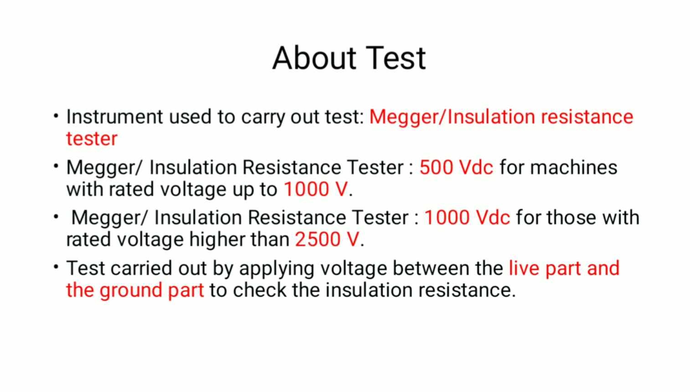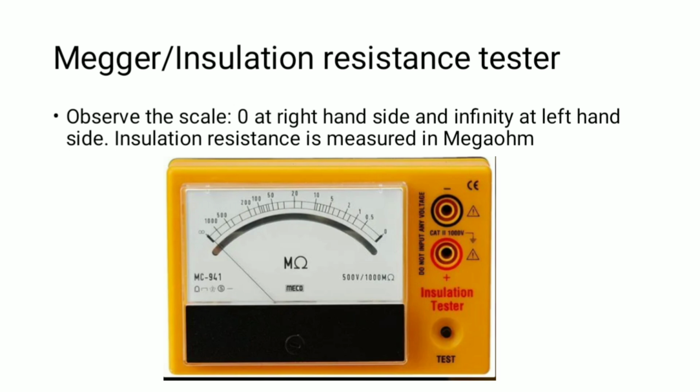You have to remember that before carrying out the test you have to switch off the supply. Now this is the instrument which we are using for calculation of the DAR and PI. If you see the scale of the instrument, on the left hand side you will see infinity, which is the ideal value of the insulation resistance.